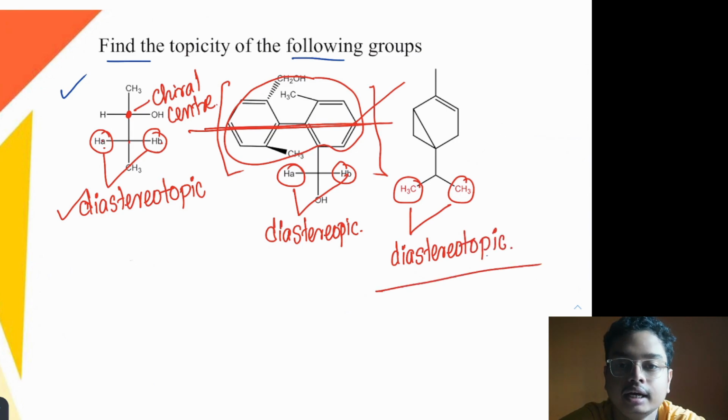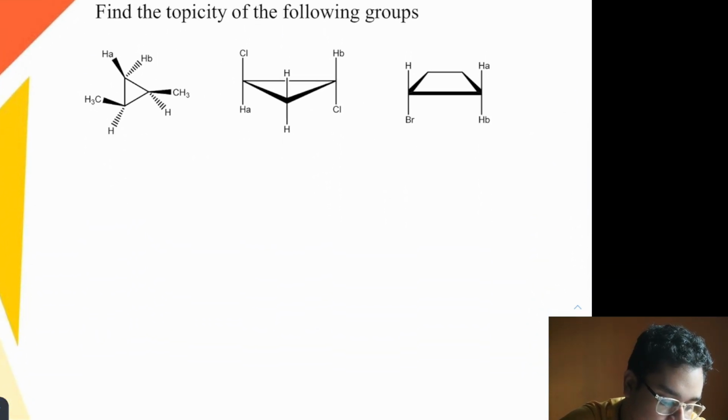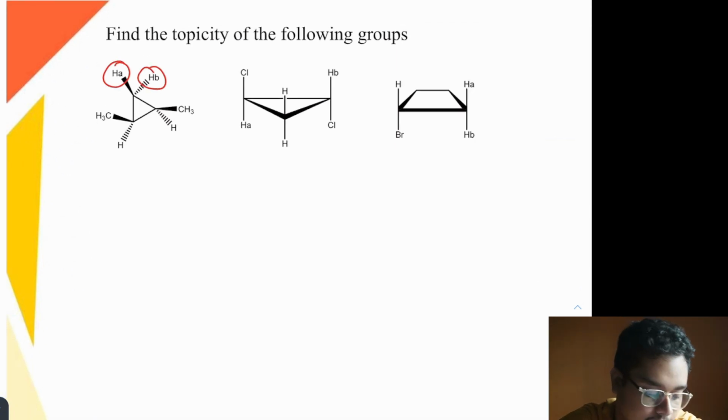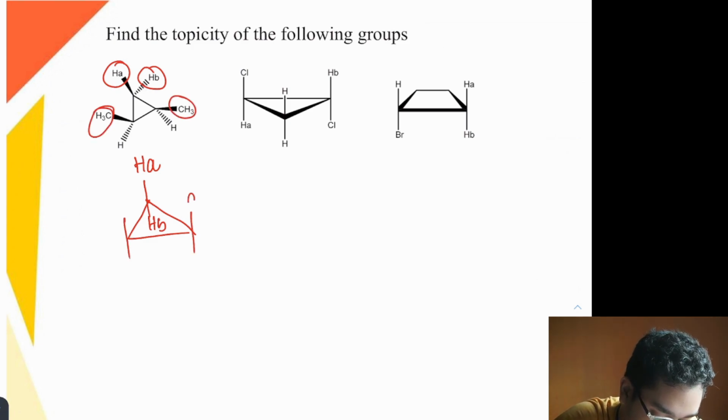So these three are diastereotopic in nature. Next, we move to these particular groups. Here we have to determine these two groups. We simply draw it like this, HA, HB. Now here both the methyl groups are above and the hydrogen is below.